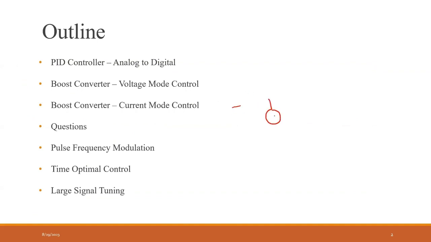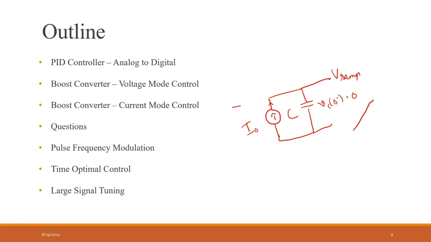So you have your current source I0, then you have your capacitor over here, and the voltage which comes over here is your ramp. Because it's a capacitor, it will integrate. Suppose this was uncharged, initially VC of 0 minus is equal to 0. Then the constant current starts flowing and it will start rising.